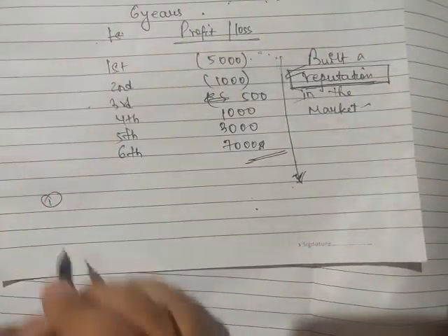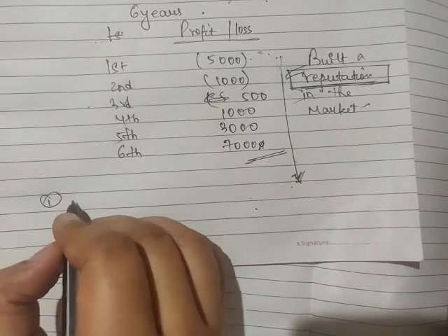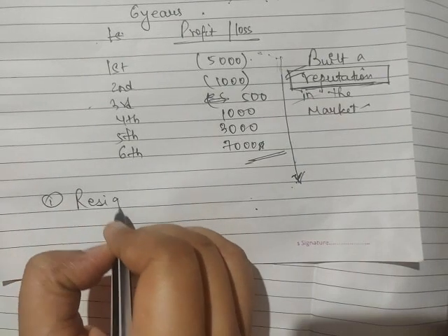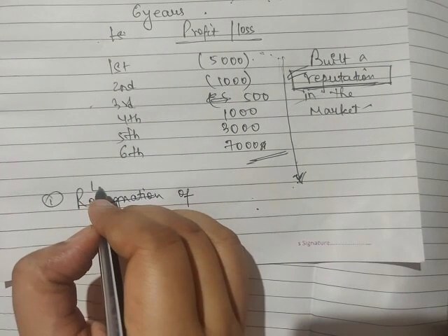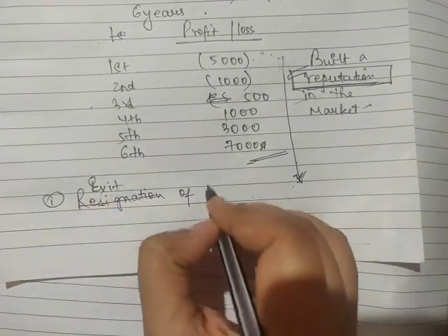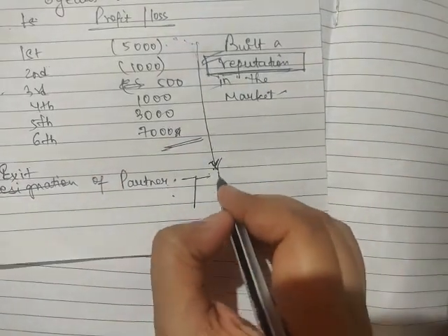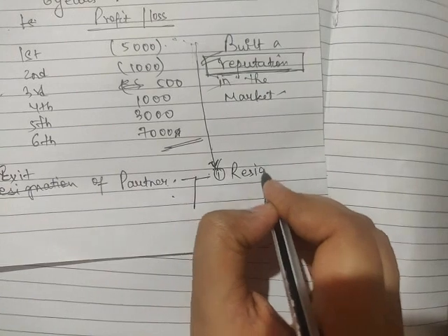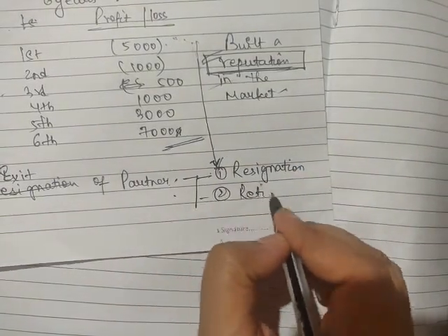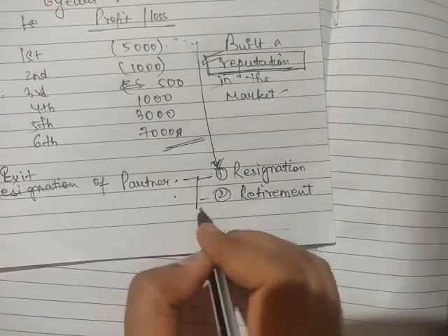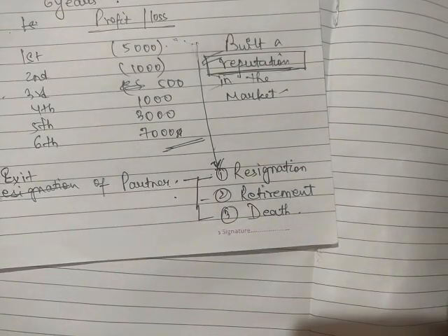So, the first situation in which we calculate goodwill is the resignation of a partner. So, when the partner leaves the firm, now this exit can be on account of resignation, retirement, or death. In all three situations, we value the goodwill.